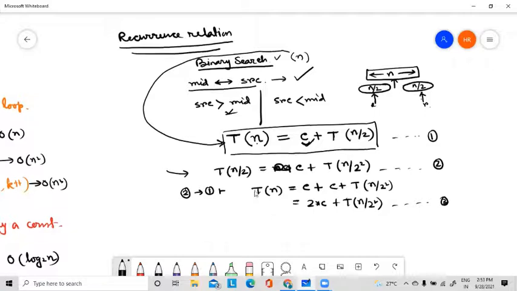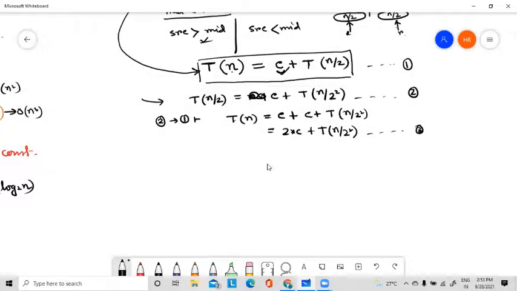Again I am substituting. This is the substitution method. Again I am substituting n by 2 square. Then what will I get in this equation? I will get c + T(n/2^3). Suppose this is equation 4. Now I am putting 4 in 3. What will I get?